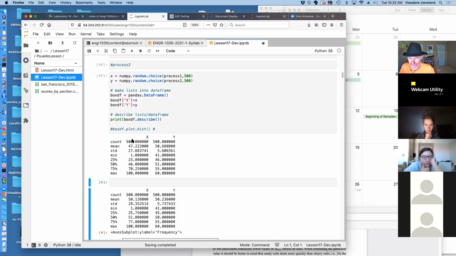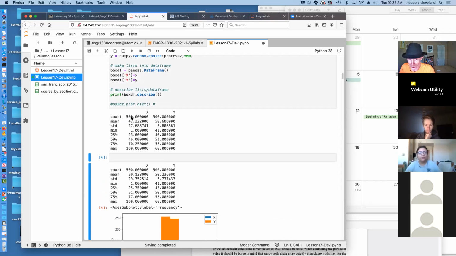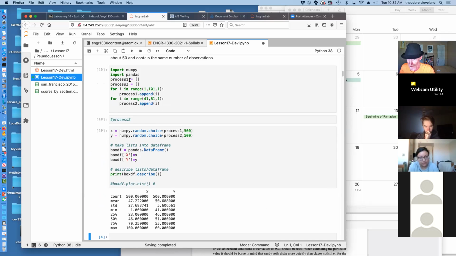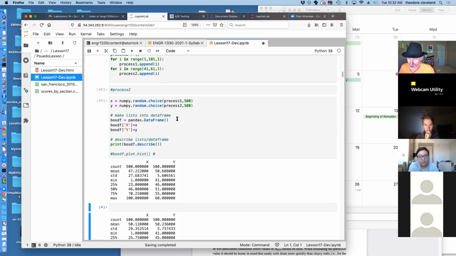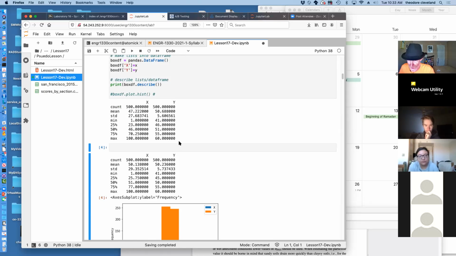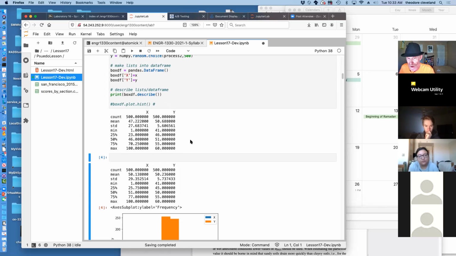So I do that, and it tells me that cap X has 500 things in it, cap Y has 500 things in it. Did they come from the same process or not? We know they didn't, but go ahead and support that assertion based on the describe function.